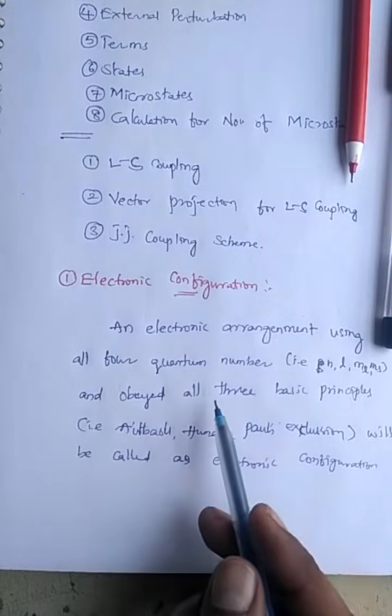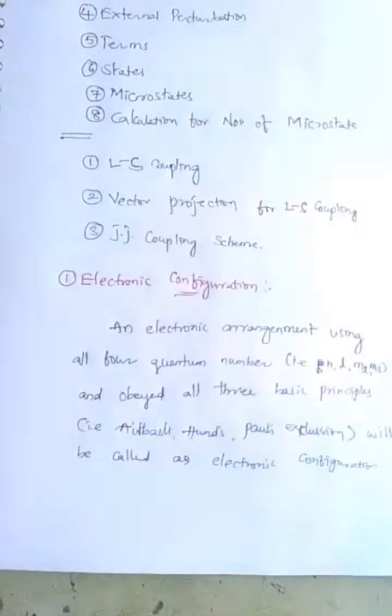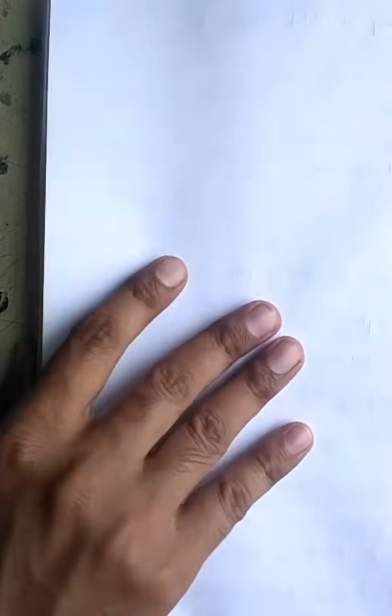Thus the electronic arrangement will be called an electronic configuration. And I have explained what is Aufbau rule, what is Hund's rule, what is Pauli exclusion rule, and also I have defined all 4 quantum numbers: principal, azimuthal, magnetic and spin quantum numbers.